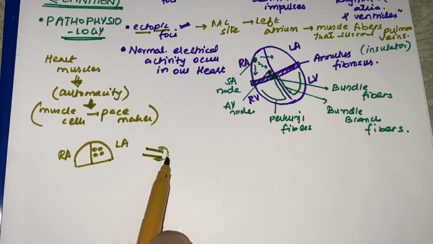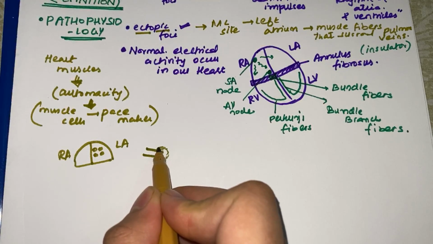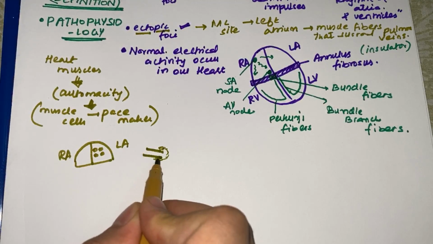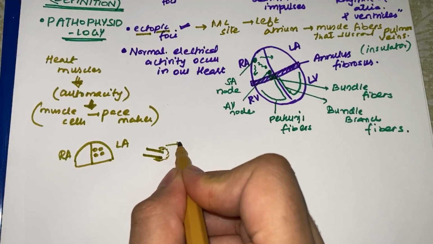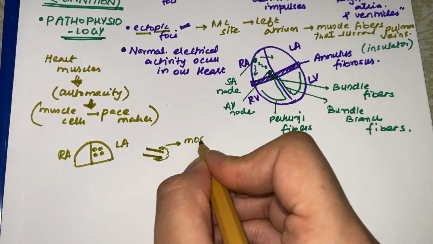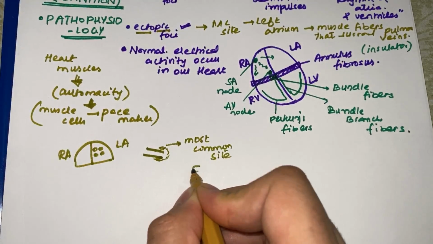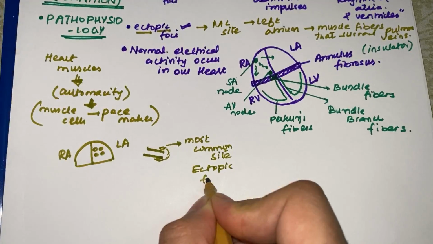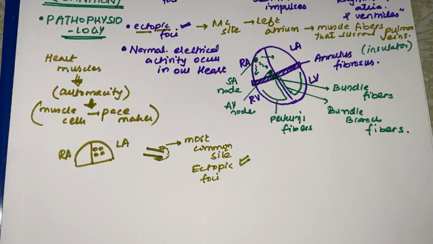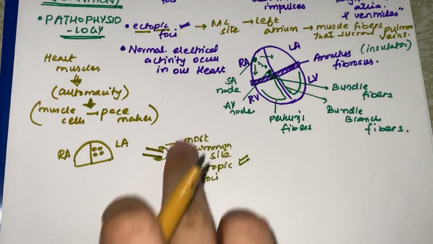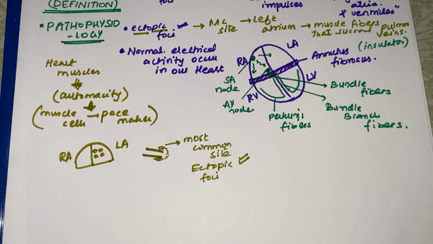cells. Okay, so now these muscle cells that surround these pulmonary veins, these are the most common site where ectopic foci can develop. Now why? How to remember that this is the most common site?